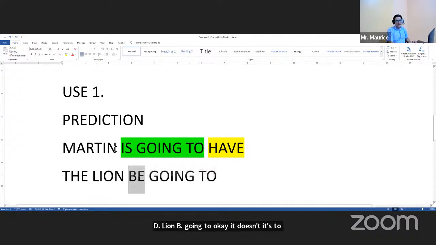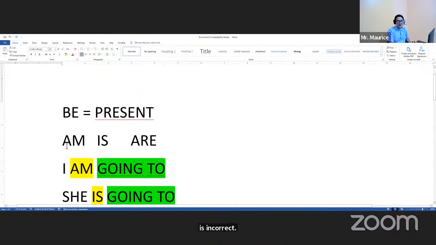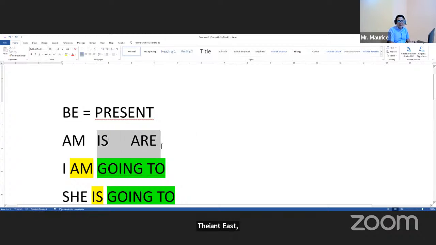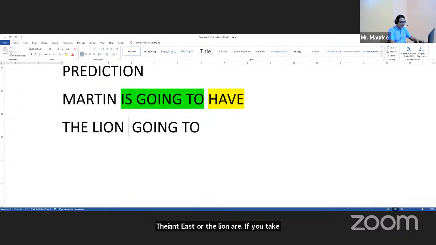That is incorrect. Este be que ves aquí se desglosa en una de estas tres opciones. De acuerdo con el sujeto tienes que poner the lion am, the lion is, or the lion are. En este caso es the lion is.